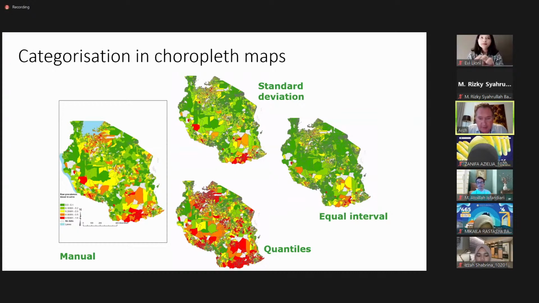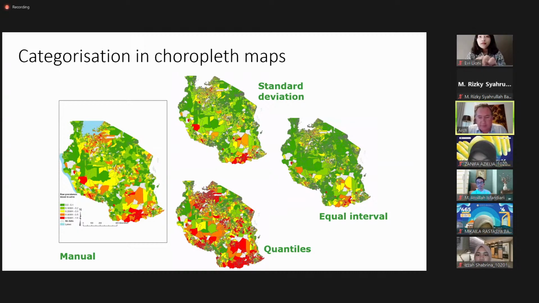And so you can see that each of these maps looks very different. Potentially your interpretation of the map could vary. So you may think, for example, that there's a lot more disease if you look at the quantile map than if you look at the interval map. The reason why these maps look the way they do is because we have a very skewed distribution.